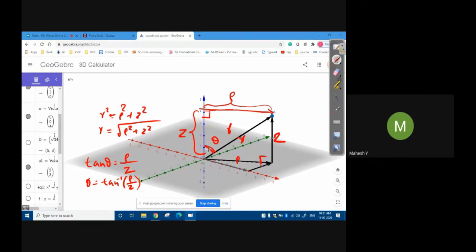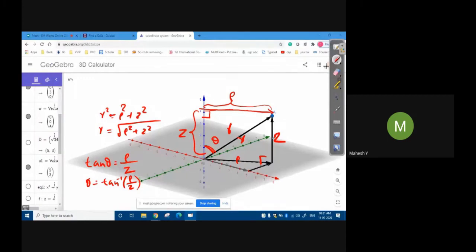Rho, R, theta, these three are the parameters. So which quantity? Yeah, very good. Sin theta, because rho comes opposite to the side of theta.